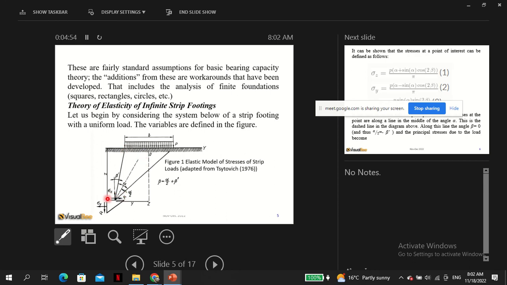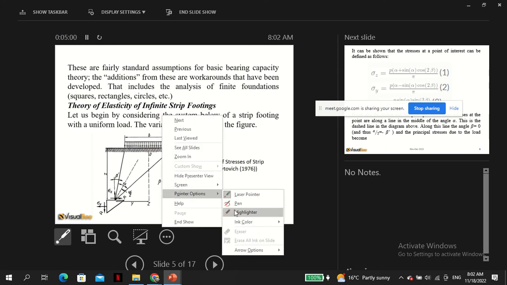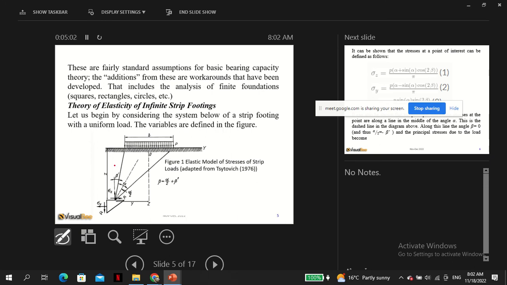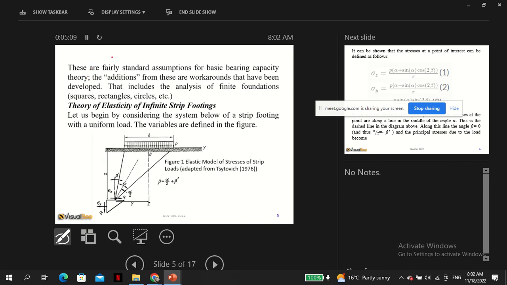Remember the direction of principal stresses we said, I remind you, we assumed that mostly they are assumed to be vertical.